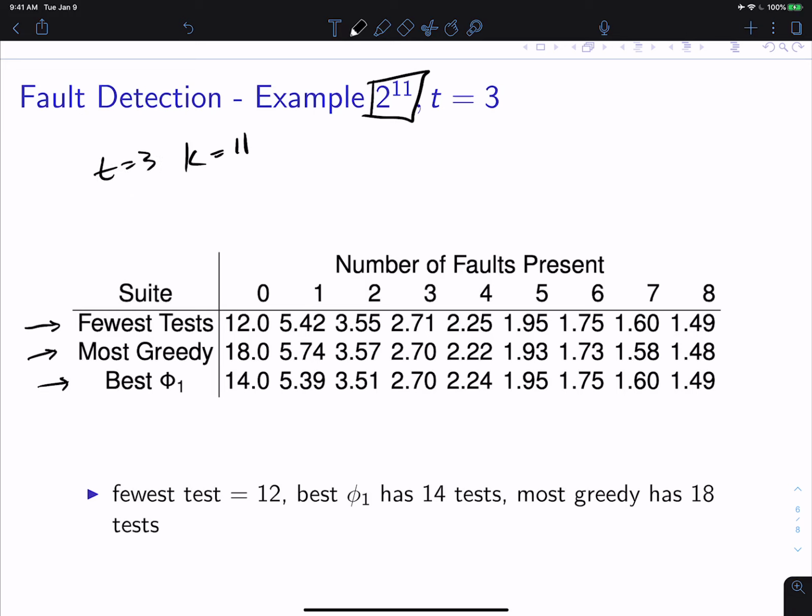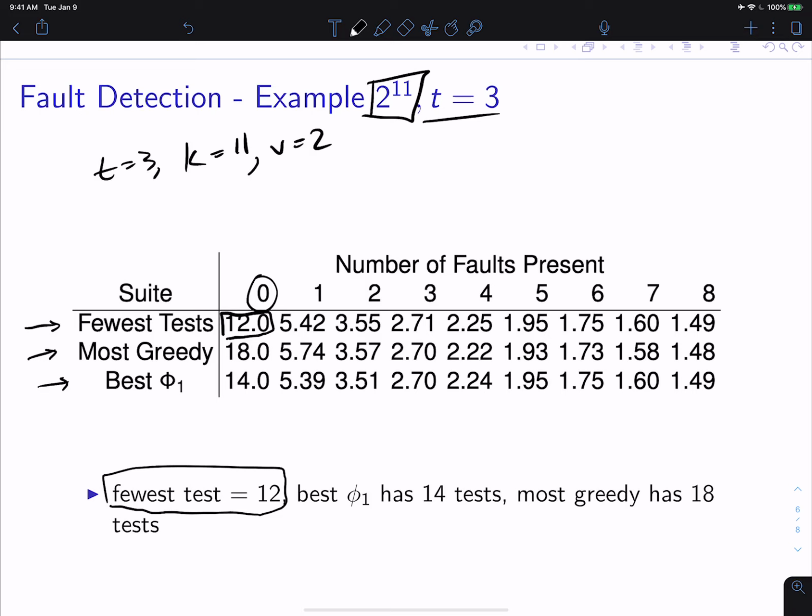T is equal to 3 because I wrote it there, and the 2 on the bottom means that there are two symbols. It turns out that the fewest number of tests possible, shown through exhaustive computation, is 12 rows. That's the best you can possibly do. You can see that right here, because whenever we have 0 faults, on average, we're going to have to execute every test, and there are 12 of them. So that's why there's a 12 there.